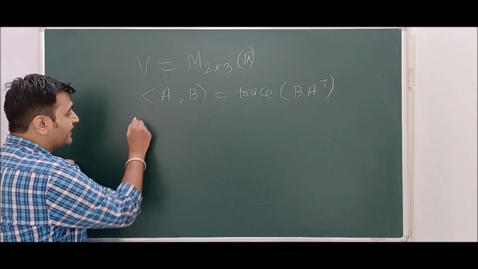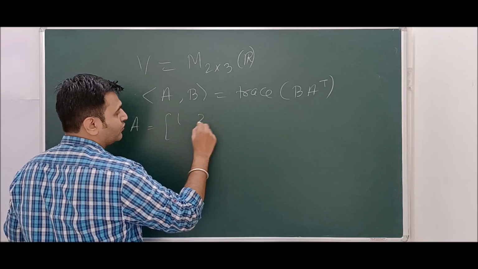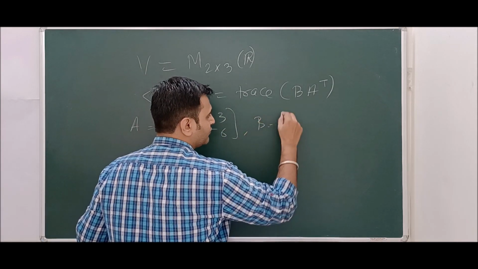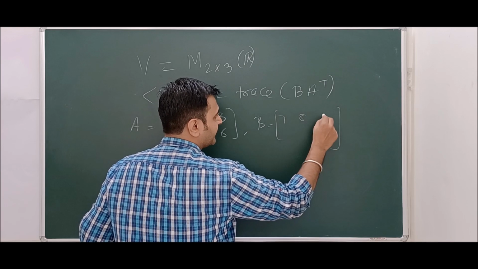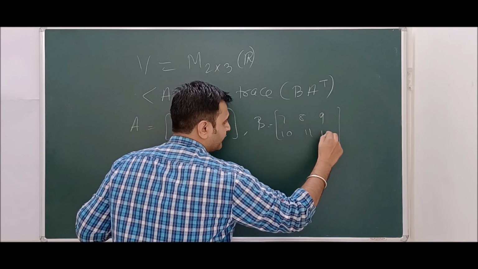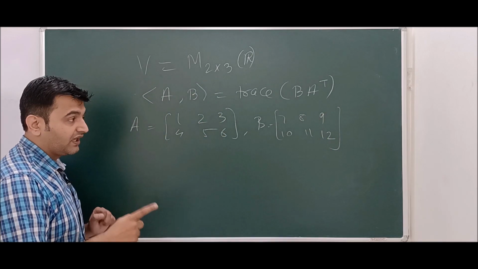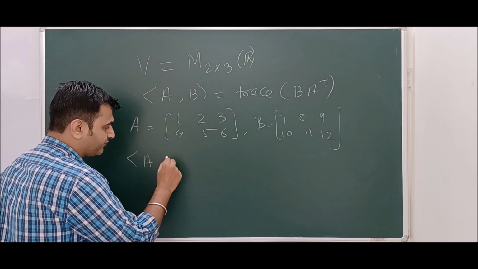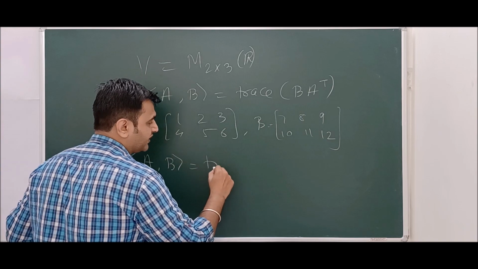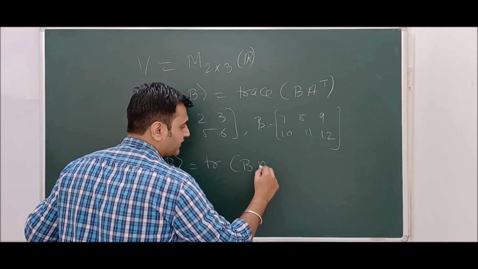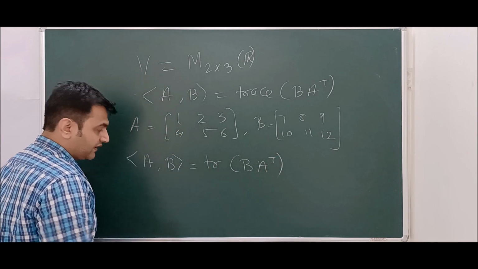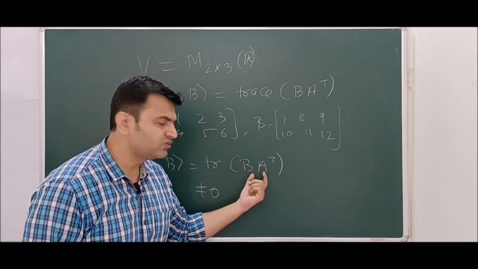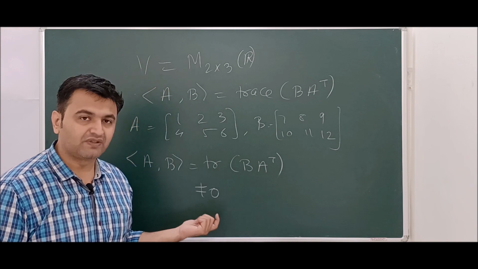Now, if I give you two matrices, say A is equal to 1, 2, 3, 4, 5, 6 and B is equal to 7, 8, 9, 10, 11, 12, and if I ask you, are these two vectors orthogonal? What you will do is, you will find their inner product, which is nothing but trace of B A transpose. And this is not equal to 0. Why? You find A transpose, do this multiplication, you will get a non-zero answer.